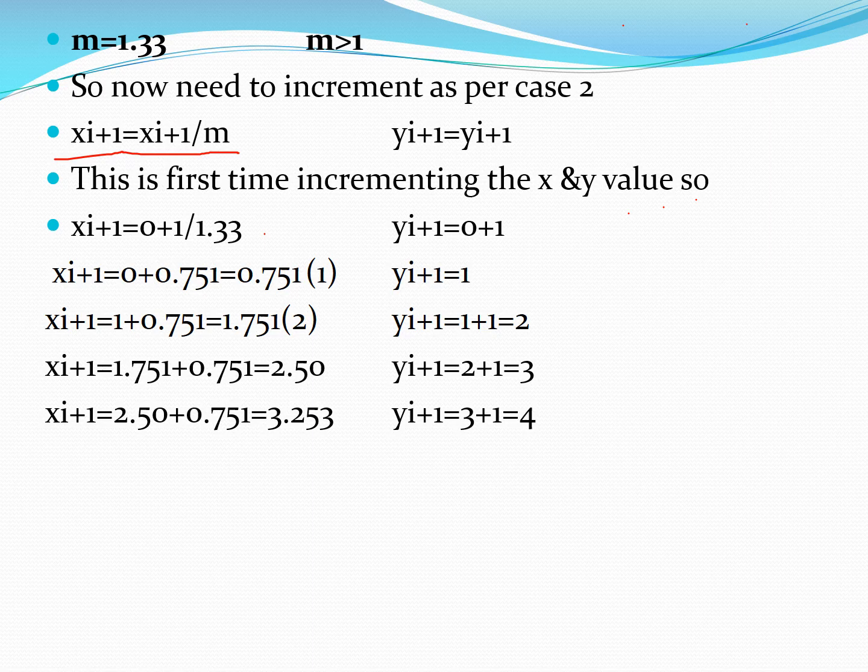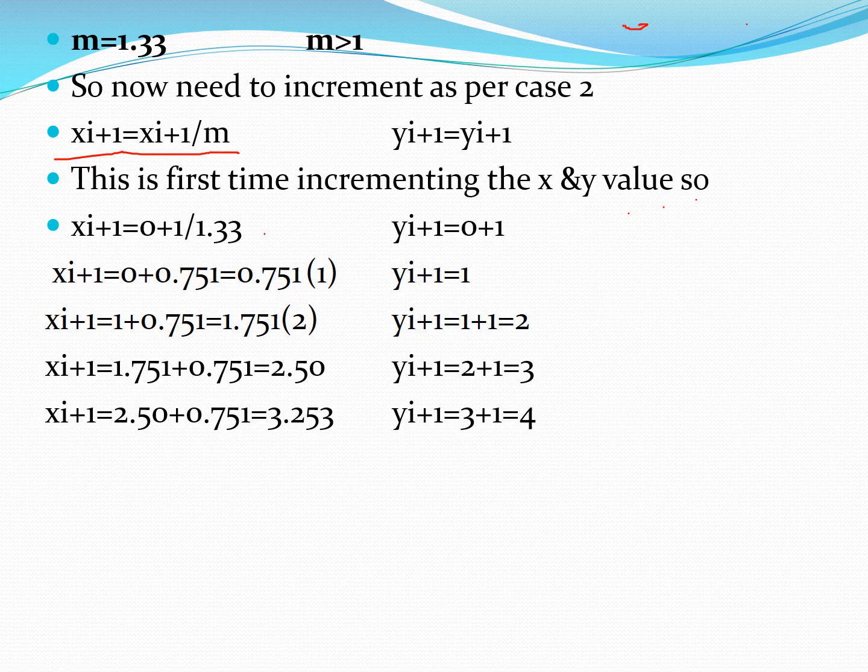So in the starting I said the DDA is also known as incremental. Why is it called this? We find the initial point, the given value is 0 0. You have considered this pixel coordinate value as 0 0. We find that this xi plus 1 is 0.751, that means we are taking the next pixel value as 1. So this initial one now acts as the previous to this next pixel, right?